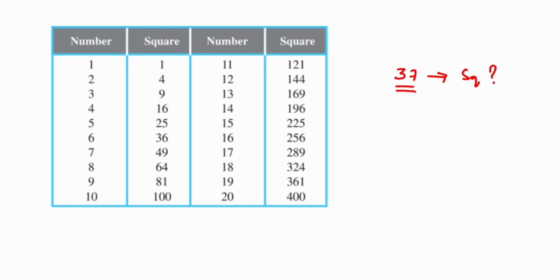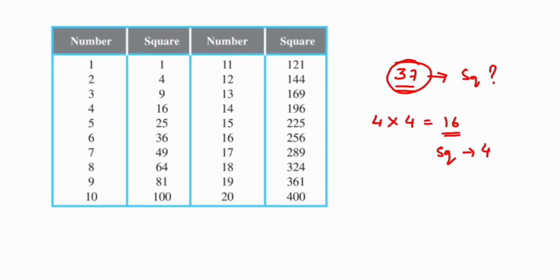Not a square in the sense that if I multiply 4 into 4, I'm getting 16, so 16 is a square of 4. Like that, is 37 a square of a number? If you observe the table, after 25 we have 36, and after 36 we have 49, that is 7 square. 6 square is 36 and 5 square is 25. So 37 is not a square of any number.